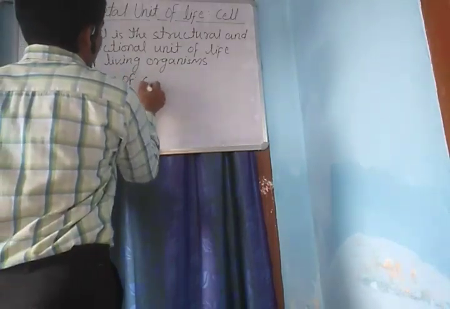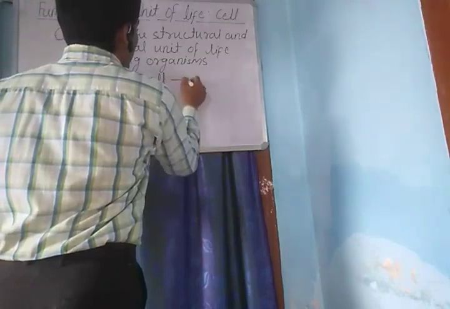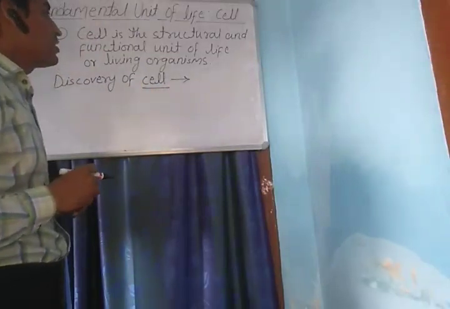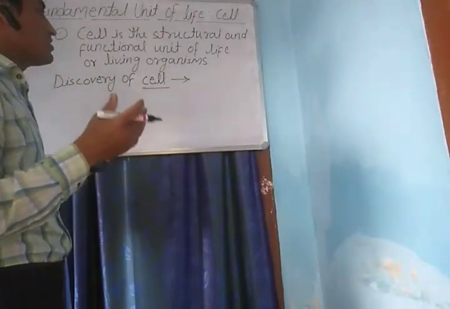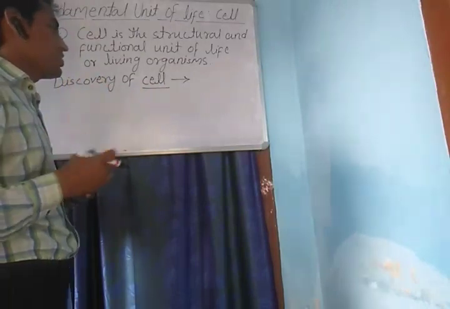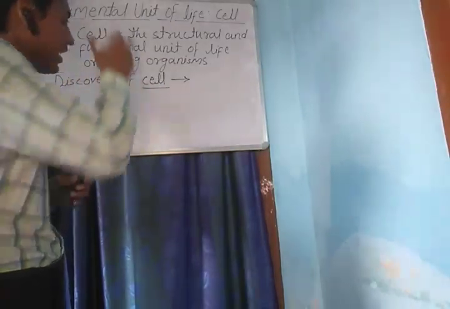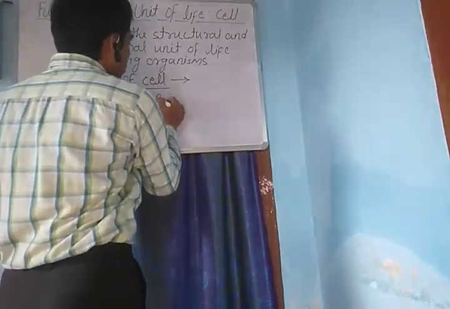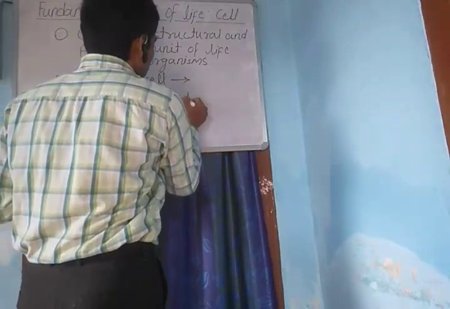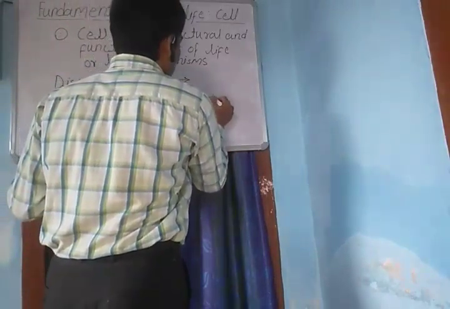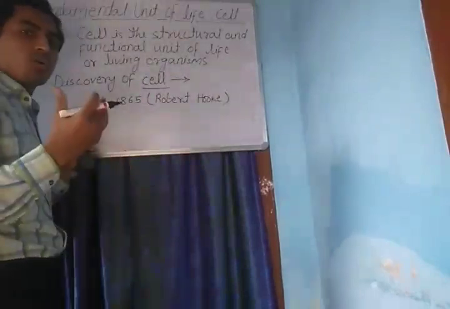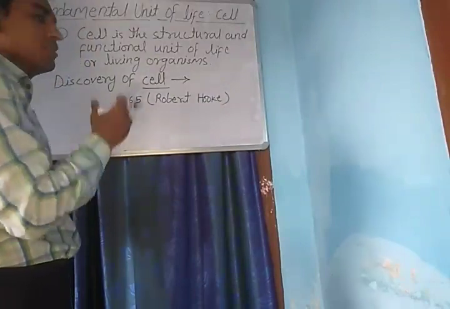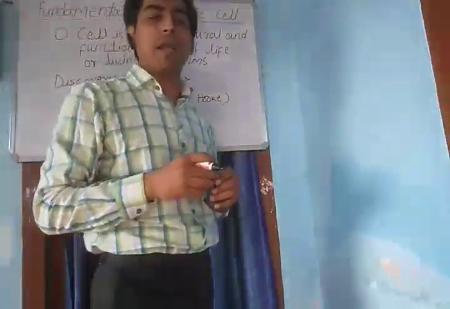Okay, so now discovery of cell is by Robert Hooke. As we know, the cell is minute and it needs a device, the microscope. The invention of the microscope was in favor of Janssen and Zacharias Janssen, and after that in 1665 Robert Hooke made a crude microscope by using a lens to study the bark of the plant.